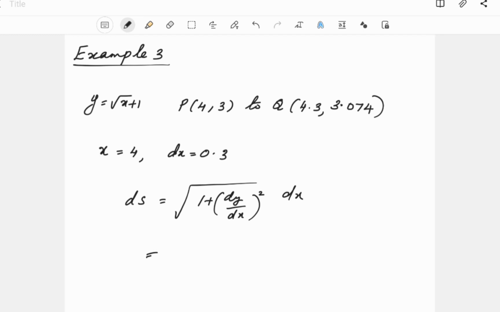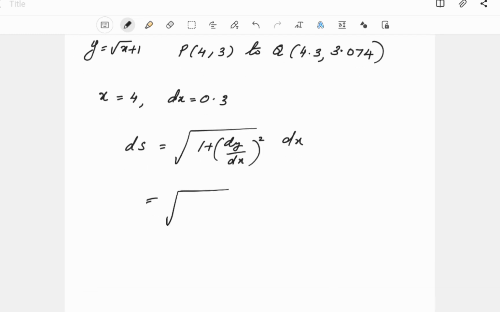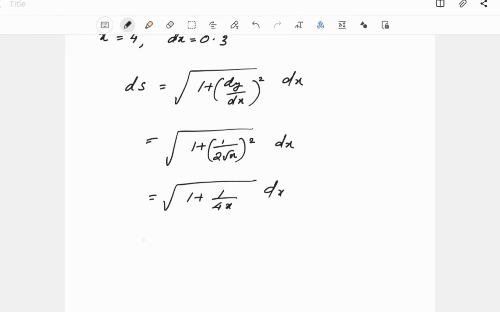Here dy by dx is 1 by 2 root x, so we get root of 1 plus 1 by 4x times dx, and here x is equal to 4.